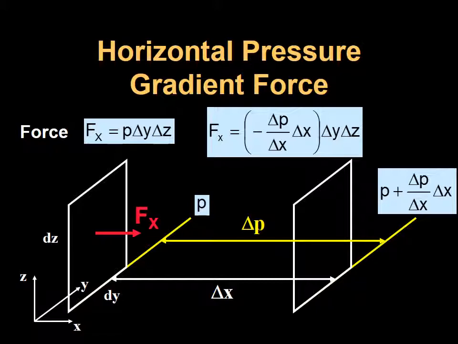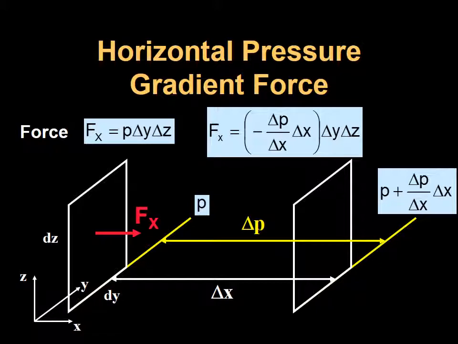Now we came up with an expression for the force. We said force was the pressure times the area. We came up with the change in pressure, delta P, and if we multiply that by the area, that'll give us a force. So we're looking at delta P divided by delta x times delta x, how much pressure has changed.